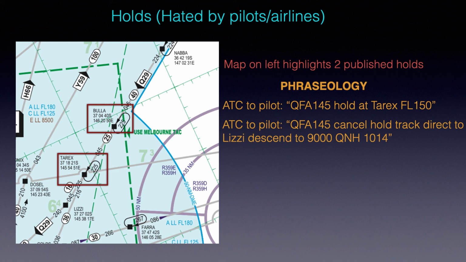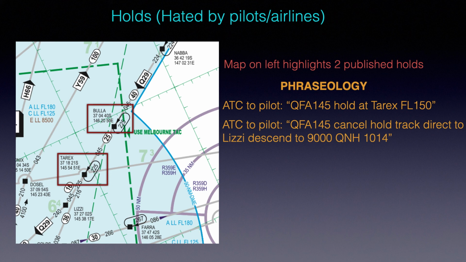You've got A-L-L flight level 180, and you've got C-L-L flight level 125 in the top left-hand corner. So you can see that the lowest level for Class Charlie airspace is flight level 125. So really you could say one guy at Tarex at flight level 130, next guy at flight level 150, next guy at 170.